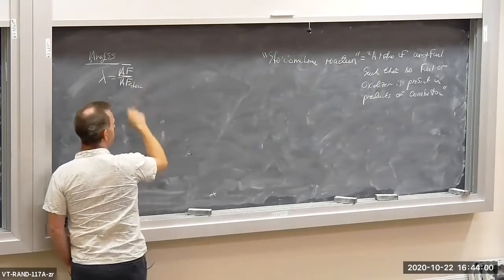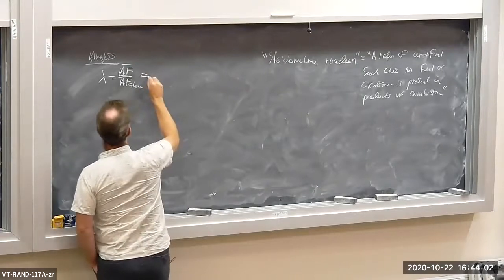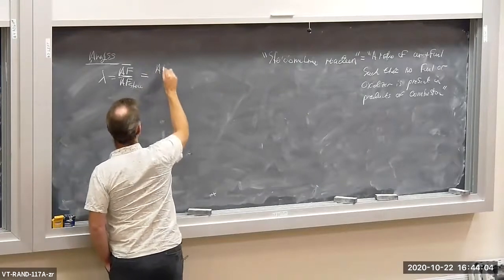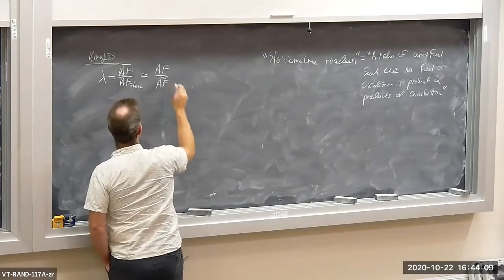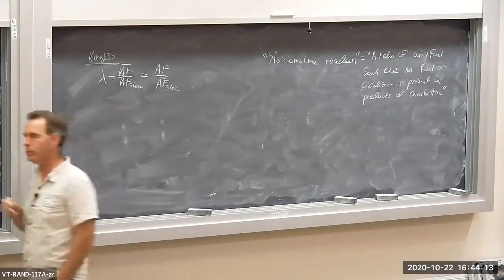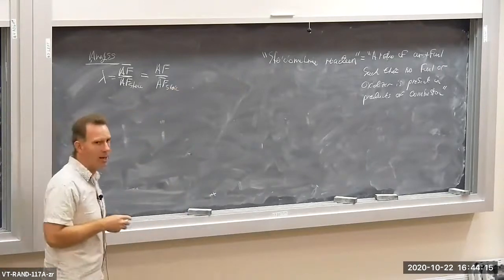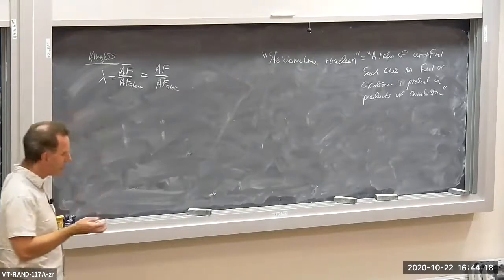I'll just write stoich, I'm tired of writing stoichiometric. Per mole or per mass basis, same thing. That's the definition of theoretical air, or lambda, the ratio of the two.